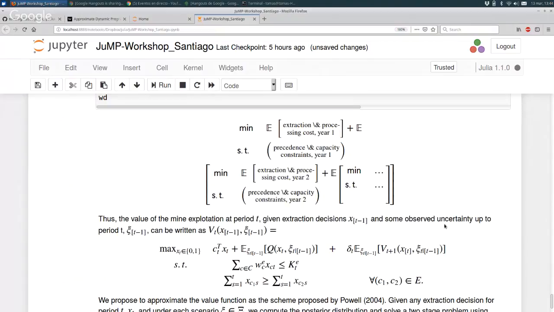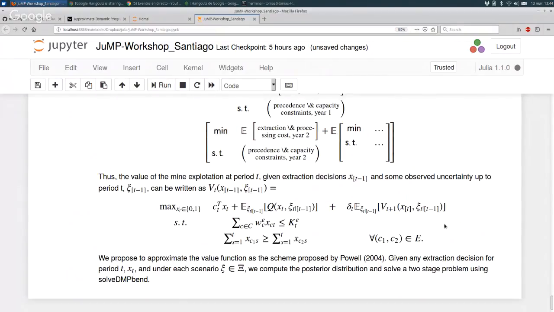So the idea that we propose is something very similar to what is presented in Powell's approximate dynamic programming: you come up with some function that approximates the value function. All this thing that is in V_{t+1}, you want to approximate that.